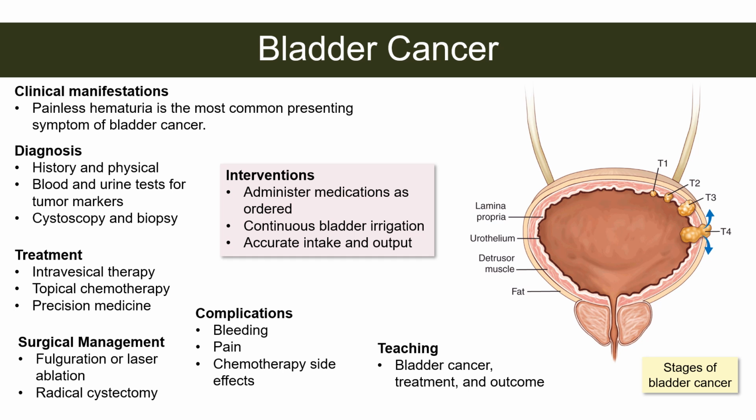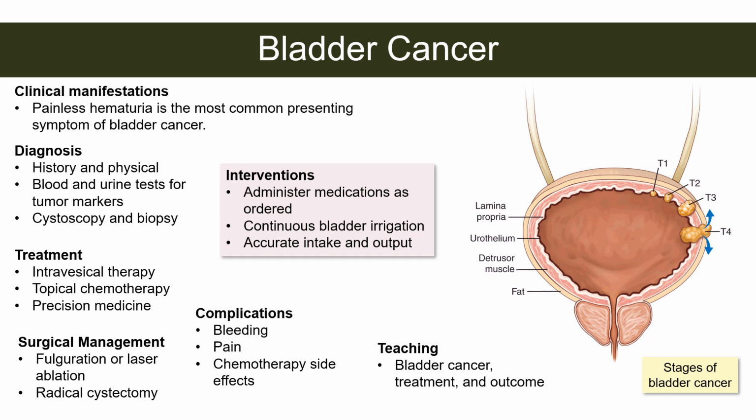Treatment: we have intravesical therapy, topical chemotherapy, and precision medicine. Intravesical means inside the bladder. An example of that would be brachytherapy, where we put little radioactive seeds inside the bladder and they work in a localized area versus a systemic area.